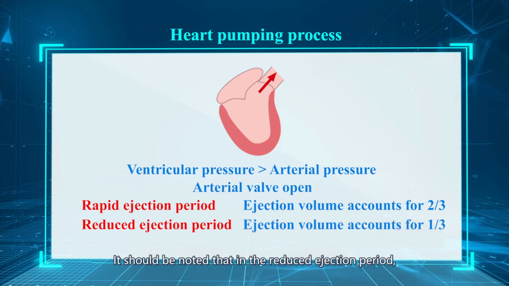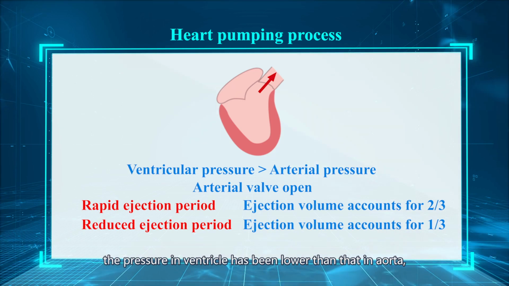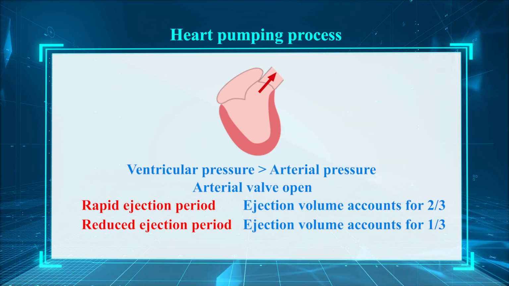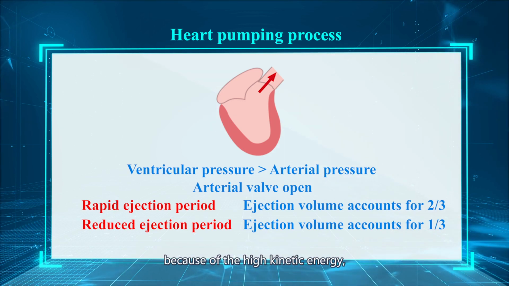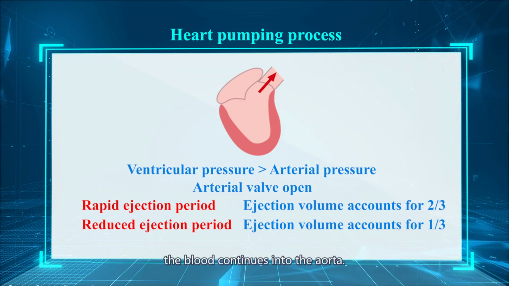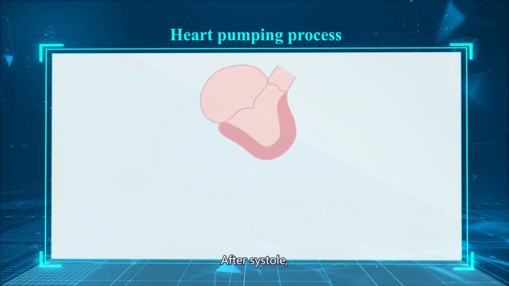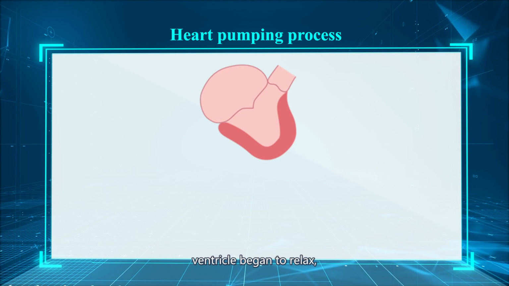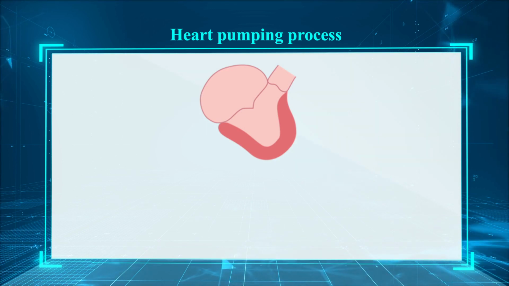It should be noted that in the reduced ejection period, the pressure in ventricle has been lower than that in aorta, but because of the high kinetic energy, the blood continues into the aorta. After systole, ventricle begins to relax, and the pressure decreases.